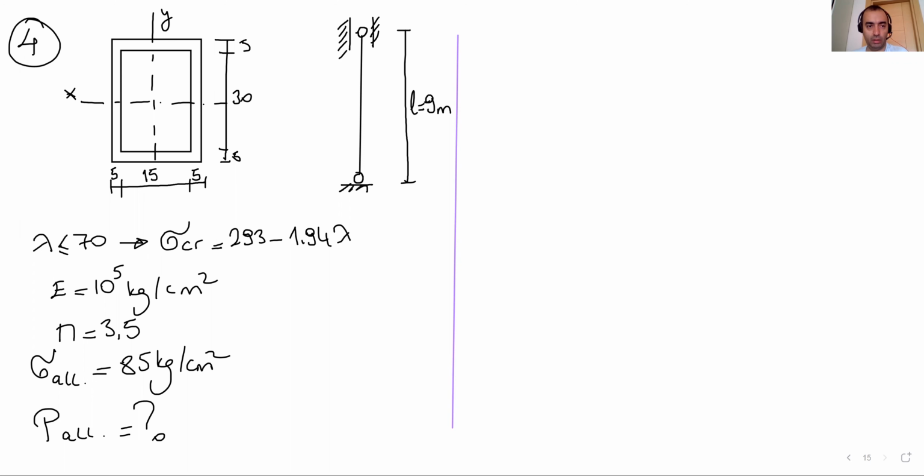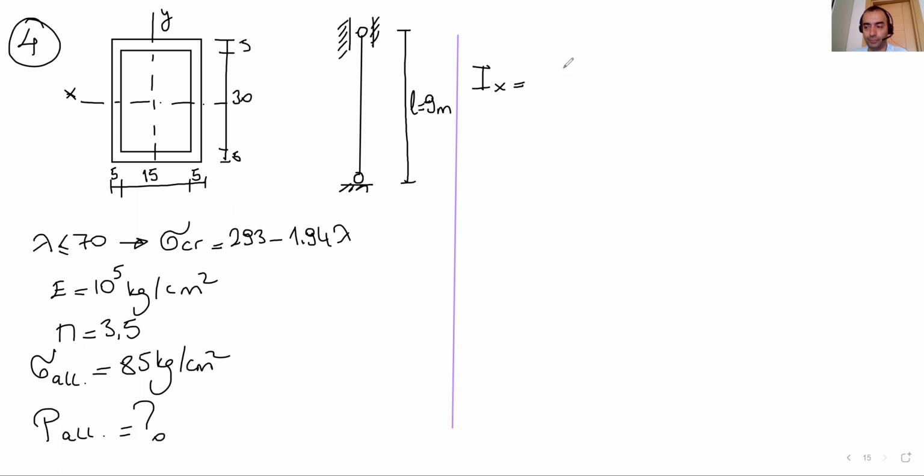As you can see here, we have two axes, x and y axis. We have to calculate the moment of inertia according to these two axes, and we need to get the minimum one. Okay, this is gonna be a recap for you. I assume that you know very well how to calculate the moment of inertia, but I will write the moment of inertia equations again here.